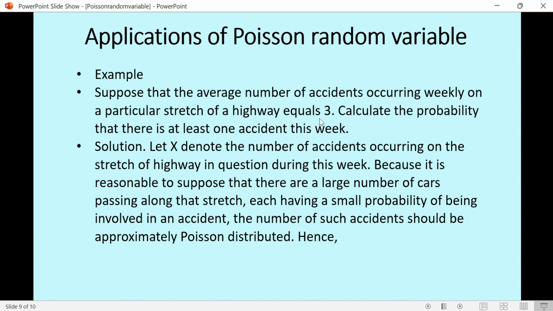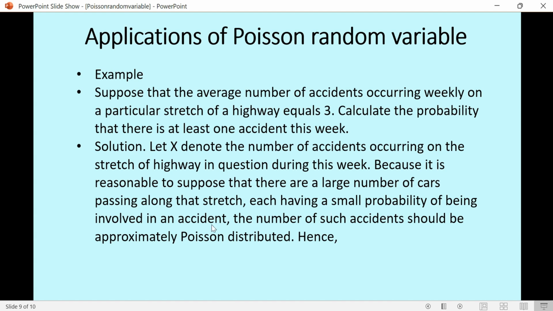For the solution, we can use a Poisson random variable to model the number of accidents on this highway during 1 week. This can be 0, 1, 2, 3, and so on.